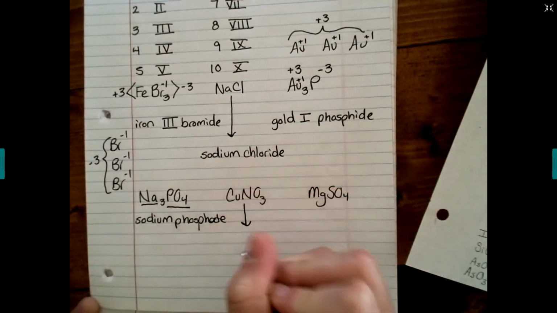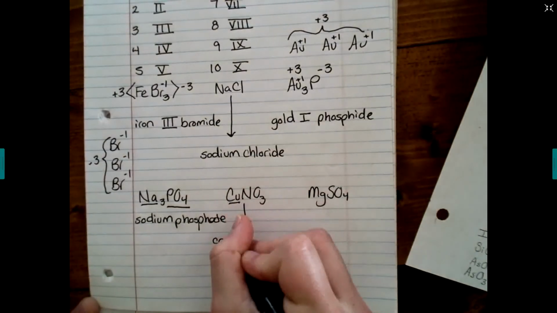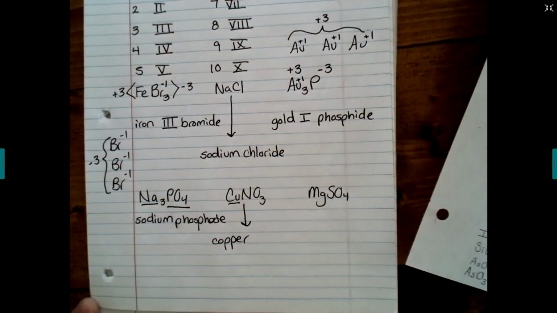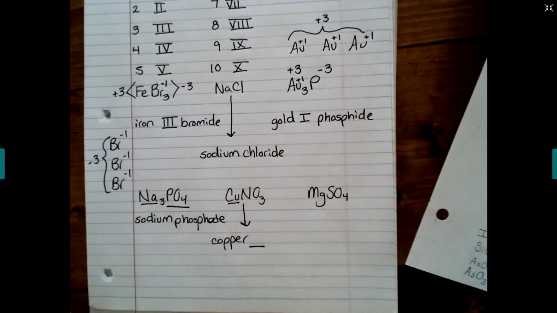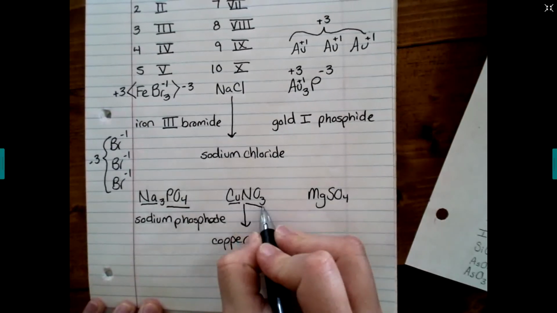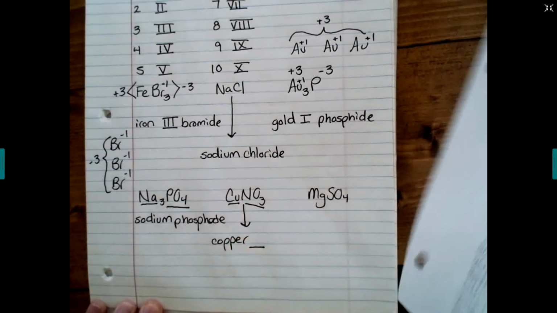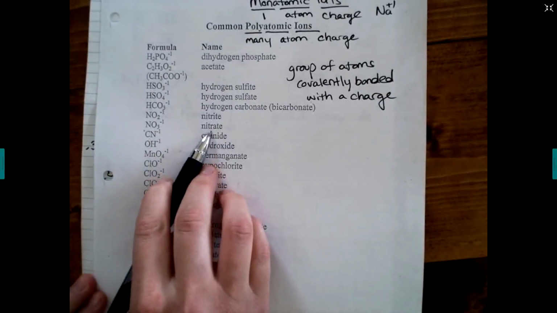All right, for our second example, you probably recognize Cu is copper, so we're going to name our metal. Now we are going to need a Roman numeral for copper, so I'm going to leave a little place here and we'll come back to it in a minute. But copper is a transition metal, meaning it can have multiple charges, and that's why we need to include a Roman numeral. So NO3, if you look on your chart, NO3 is nitrate.